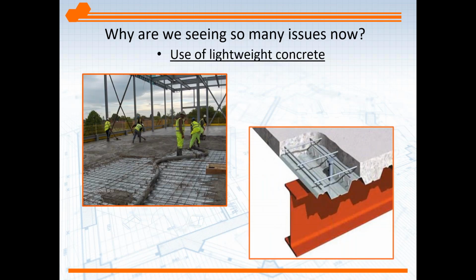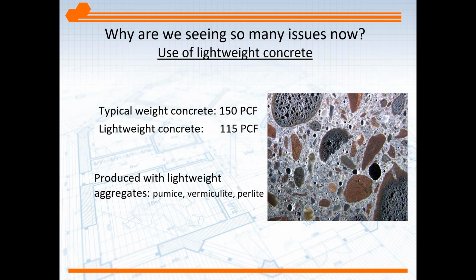Lightweight concrete, often used on elevated slabs. The lightweight concrete reduces the structural load on the steel. And lightweight concrete is manufactured using lightweight aggregates. And you could see the difference in weight from a typical concrete to lightweight concrete, reducing, again, the load on structural steel.